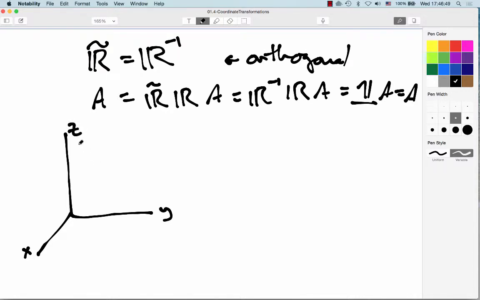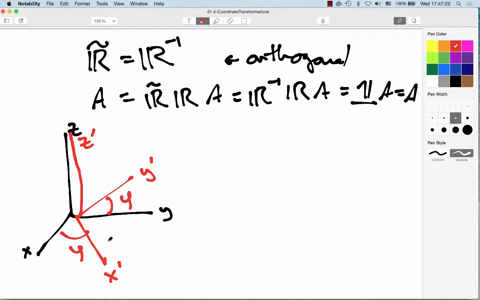Rather than trying to do all the rotations in one go, we instead say we'll keep the z-axis the same for the moment, but now our new x and y axes, x prime and y prime, have been rotated some angle phi away from the original ones.